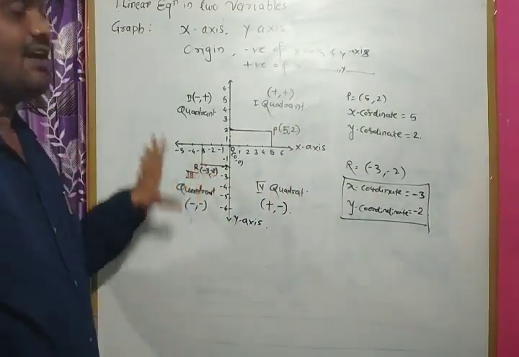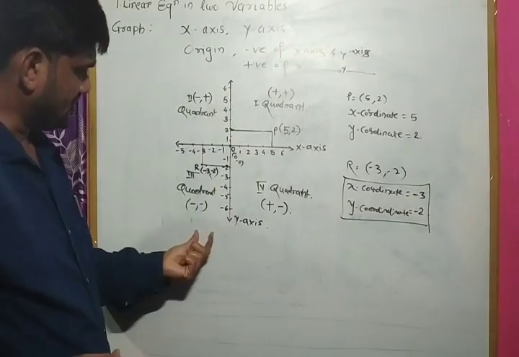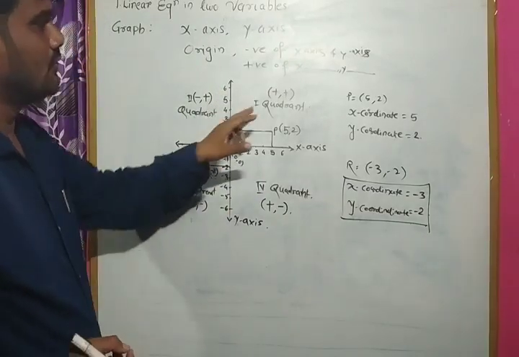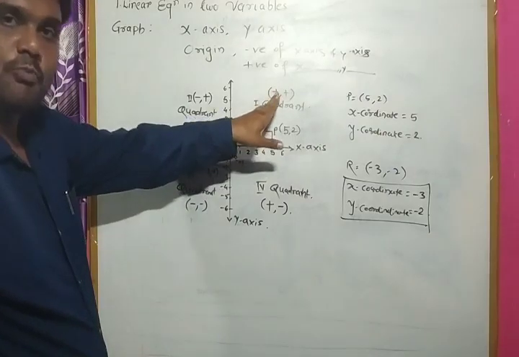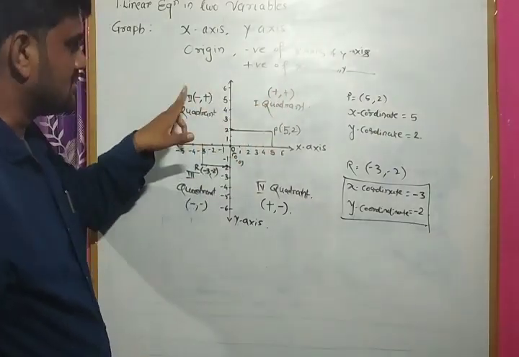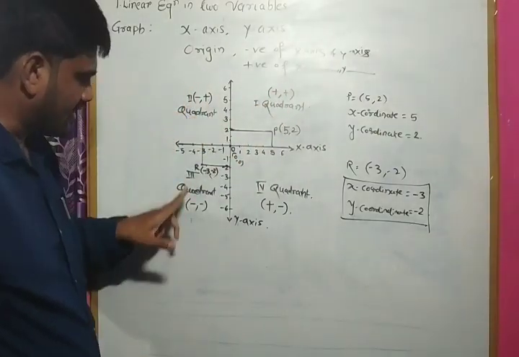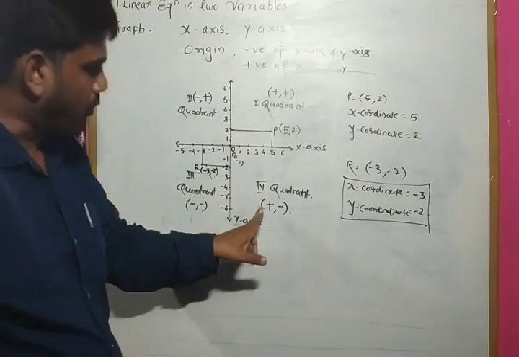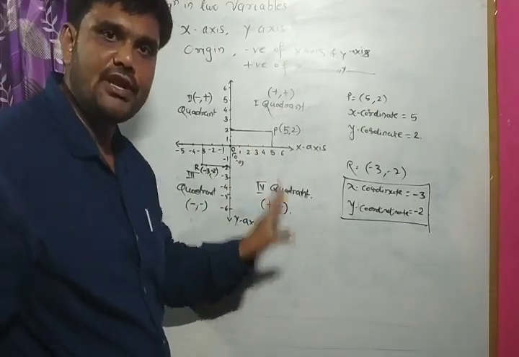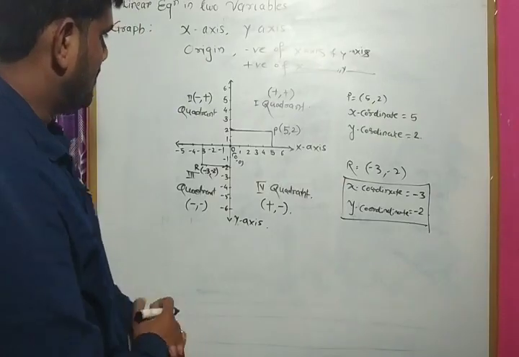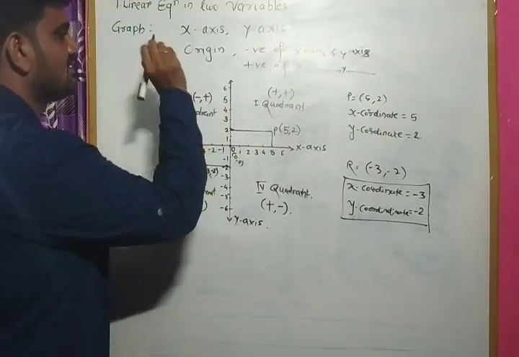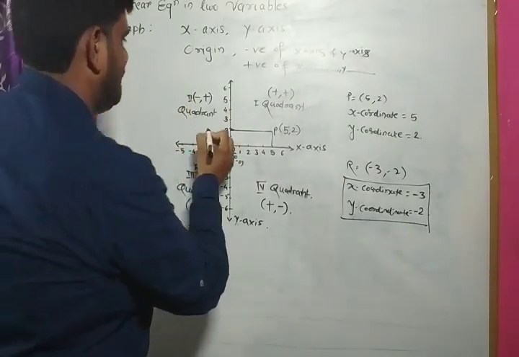You are familiar with this graph, students. I hope you got this. The first quadrant is positive, the second quadrant is negative, the third quadrant is negative, and the fourth quadrant is positive, right? We will see another example for this, with negative, positive.